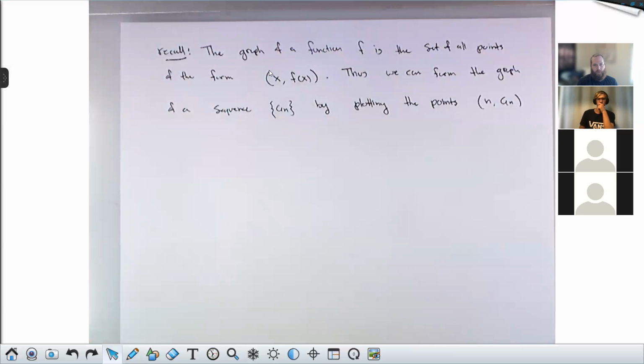So the graph of a real valued function of a real variable, f, is the set of all points, some input, comma, the output associated with that input. You take all those points together and you get the graph of f.